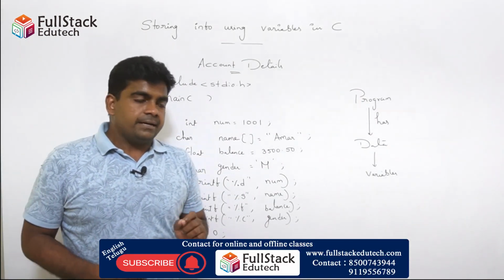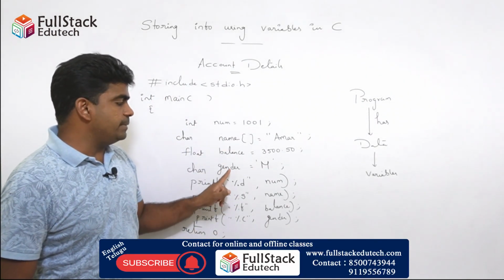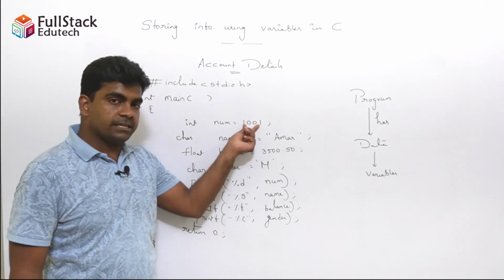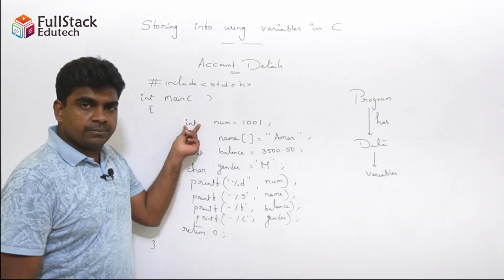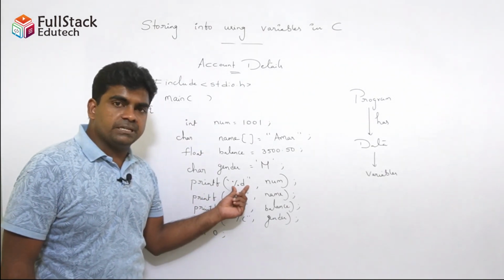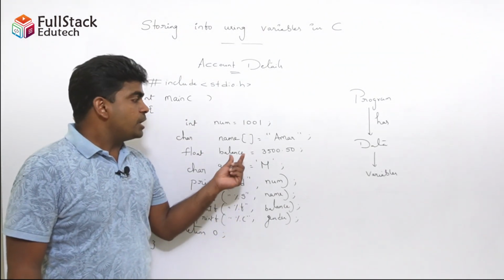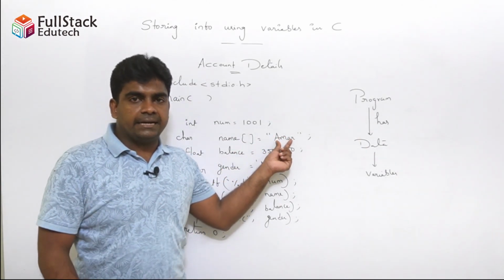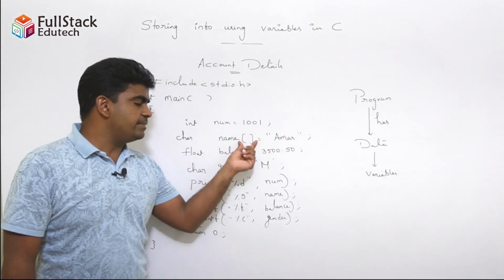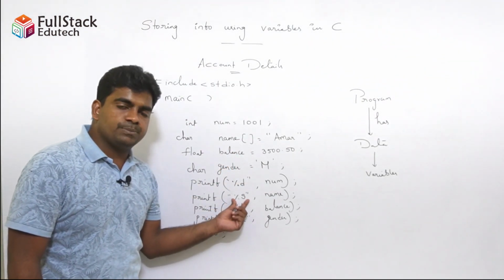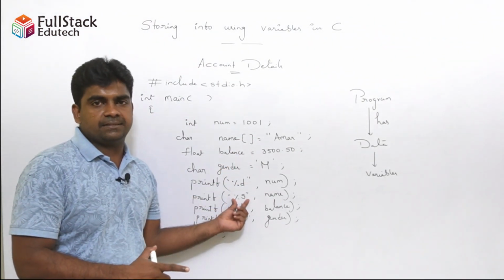How can we declare different types of variables to store different types of data? Integer is an int variable, and we display it with the format specifier %d. If you want to store a string, a collection of characters, we represent the string with a character array, and we display it using the format specifier %s.